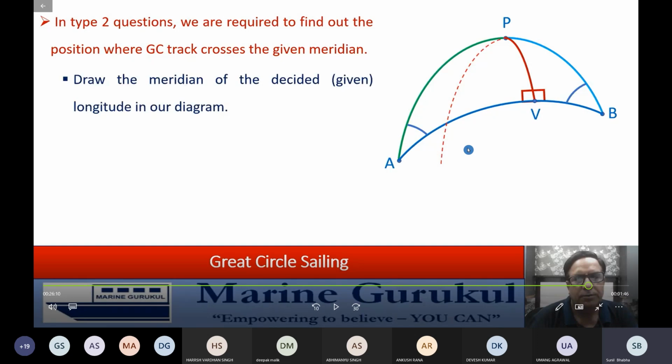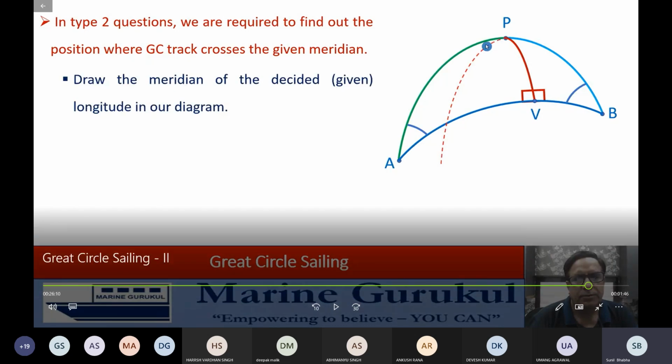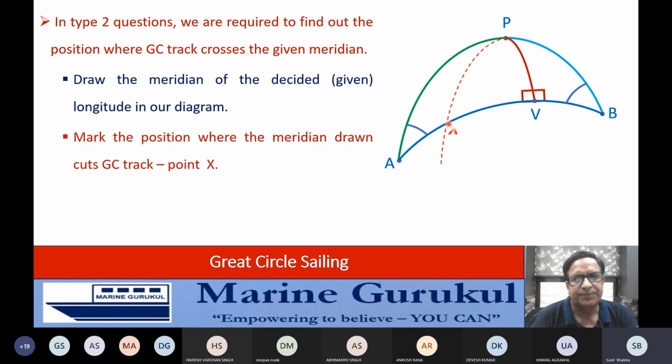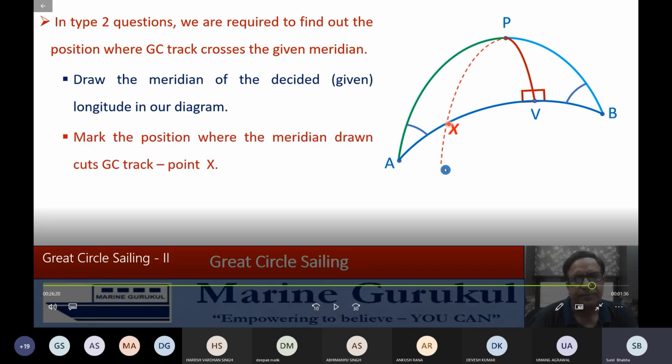And you have to find out where the great circle track crosses that meridian. So we draw that particular meridian from the pole going downwards like this. Wherever the meridian of the waypoint crosses the GC track, which is this point, this becomes our waypoint and we can mark it with X. So we have our X point here now.